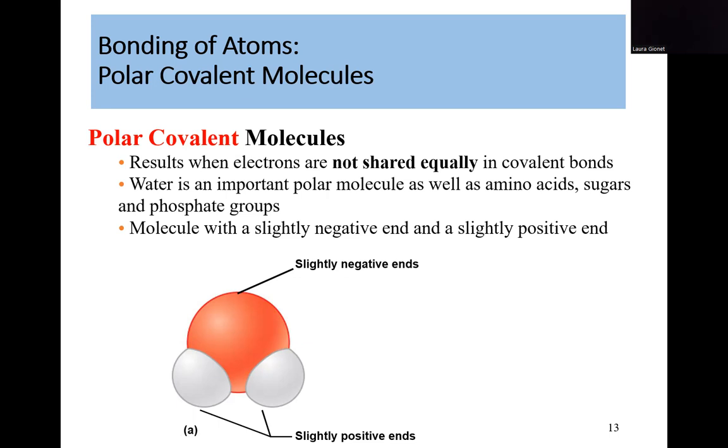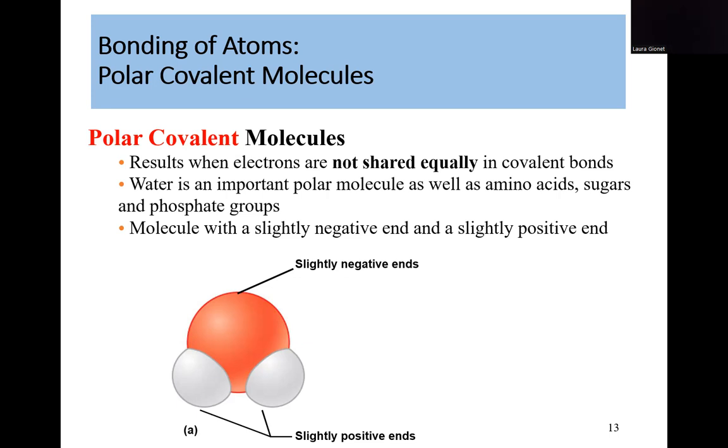It results when electrons are not shared equally in covalent bonds. Water is an important polar molecule, as well as amino acids, sugars, and phosphate groups. We're going to look at that. Right? The molecule has a slightly negative end and a slightly positive end. So the unequal sharing of electrons, because one of them is a stronger magnet or has a higher electronegativity, will be the negative end of the molecule. And then the other two, in this case, would be positive ends.